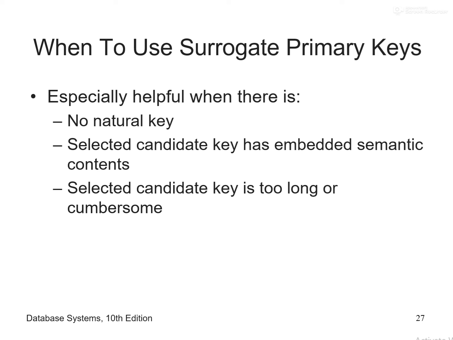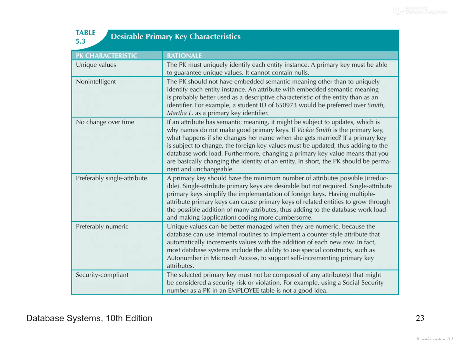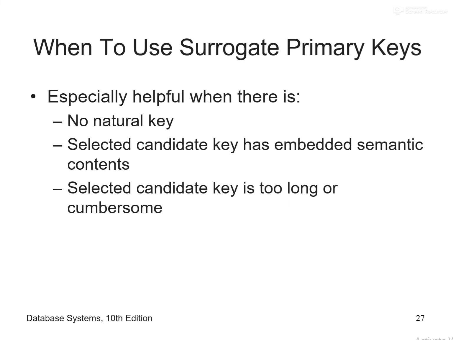So we use a surrogate key when no natural primary key exists, or when you choose a candidate key to work as a primary key which has some embedded semantic content or some meaning in it. Like we see that one of the characteristics of the primary key is that it should be non-intelligent, but we do not have such a key in the table.